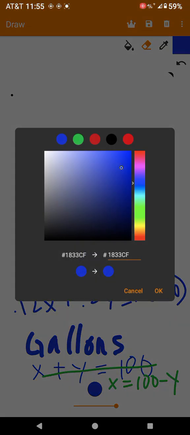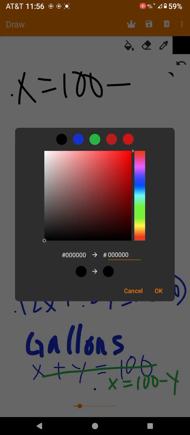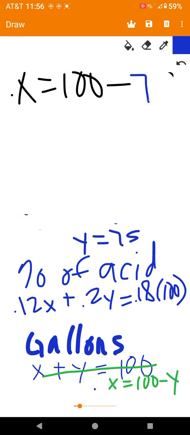So now we can plug that into our other equation, or into our previous equation. So we had x equals 100 minus y, and y is 75, so minus 75.